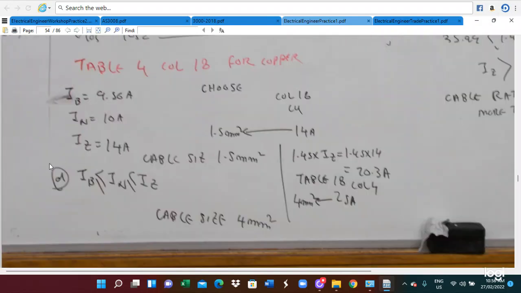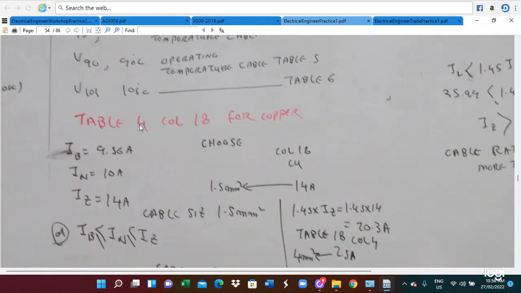Firstly, we select the IB using the maximum demand tables, Tables C1, C2, C3. Based on the maximum demand current, we select the appropriate protective device rating, and then we compare using this equation.